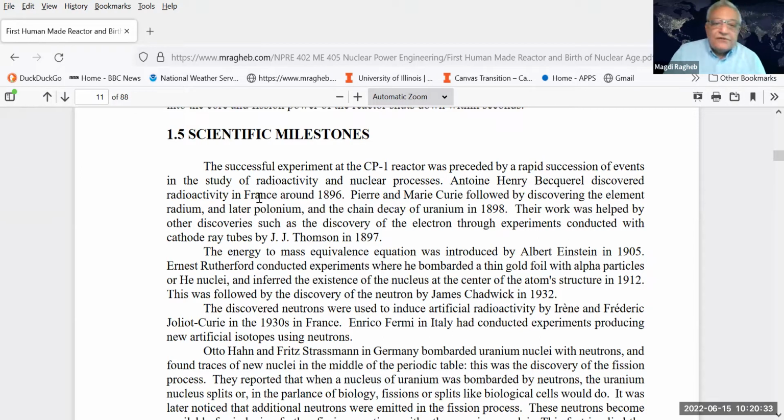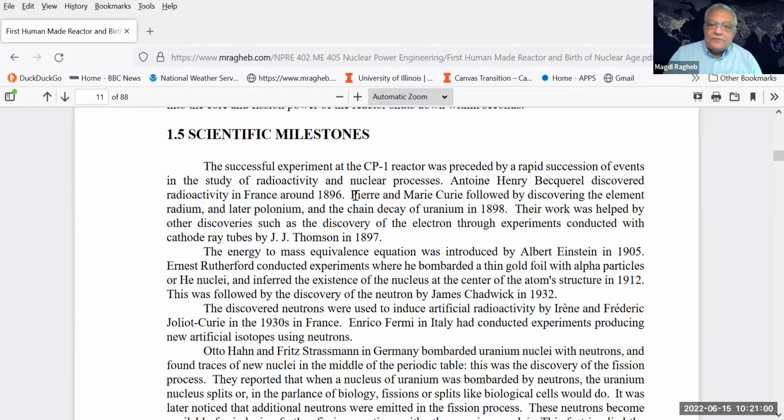And it was discovered in France around 1896 by Henri Becquerel. That's the name of the person who discovered radioactivity. To honor him, we are going to use his name for a unit of measuring activity, how much radioactive isotopes emit radiation as a function of time.